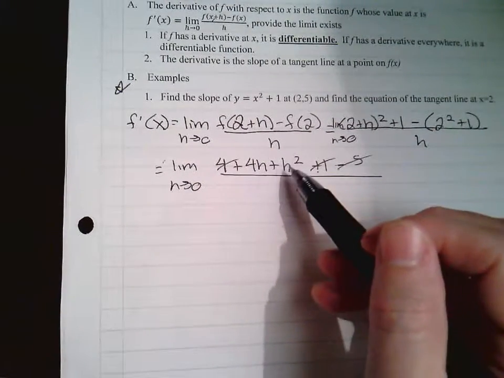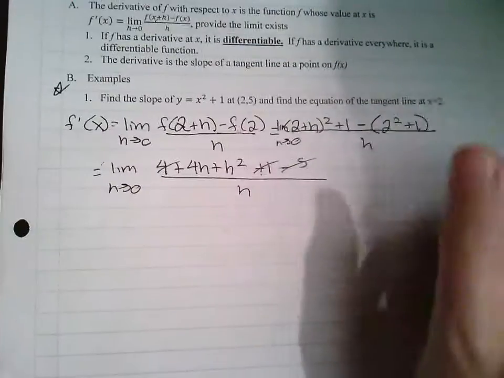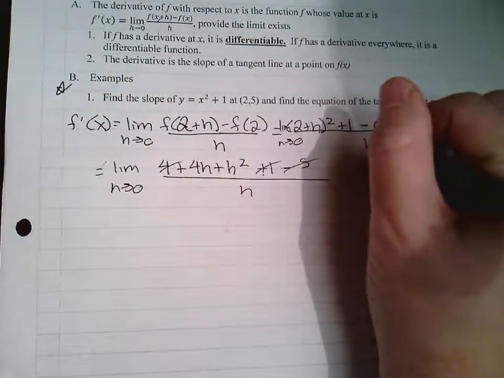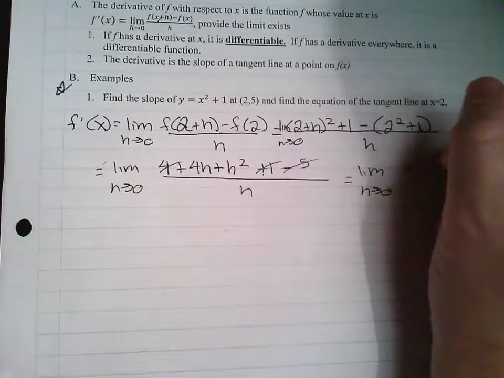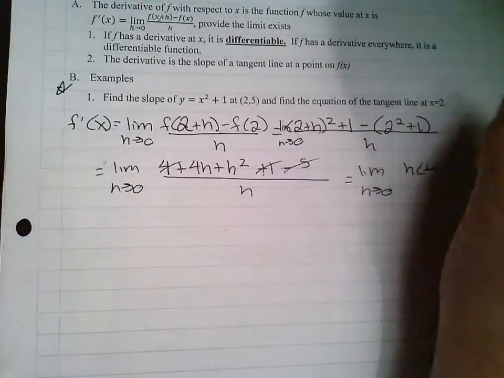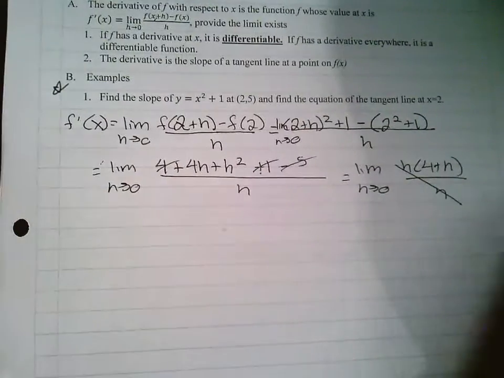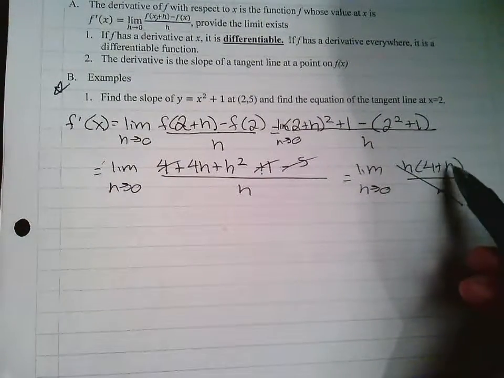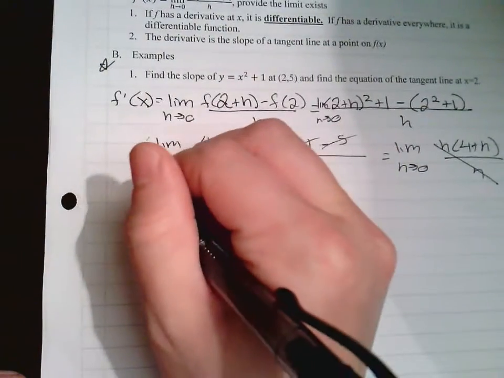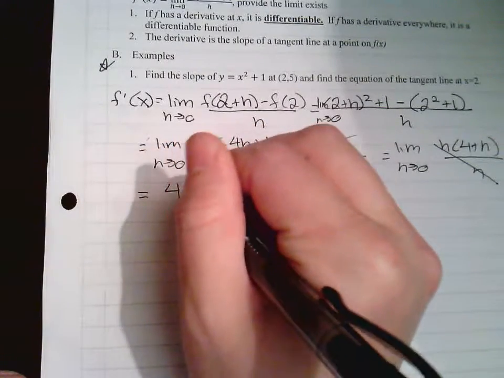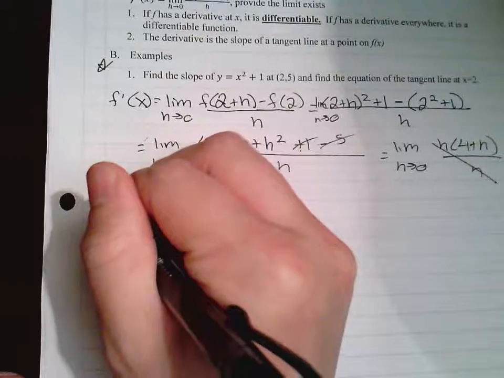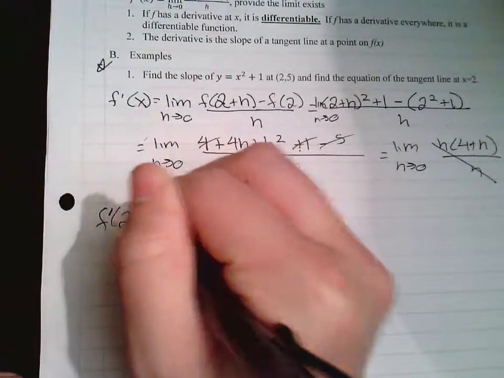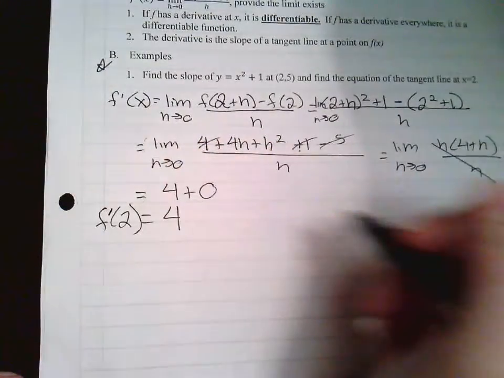You go ahead and factor out the h, and then evaluate here. That's going to be 4 plus 0, which is 4. So f prime of 2 equals 4.